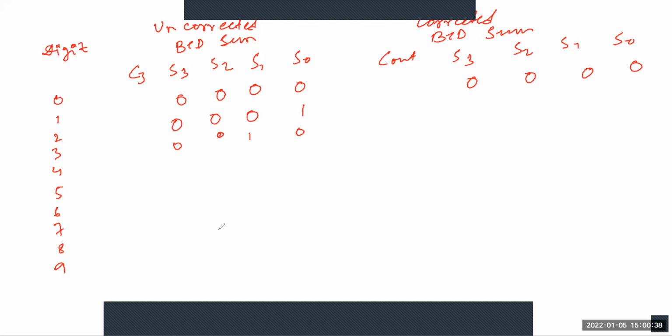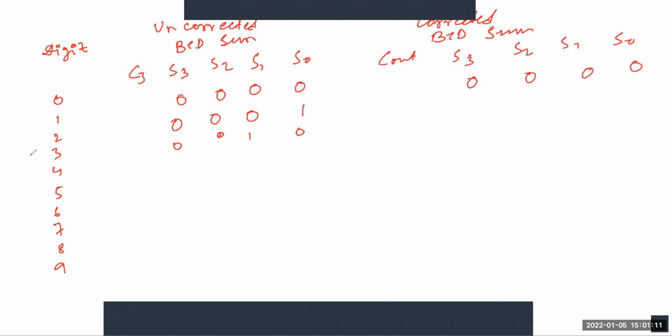But from 10 onwards, a correction is required. And just few minutes ago we saw, to correct the digit form we should add the 6 or 0, 1, 1, 0. Okay.